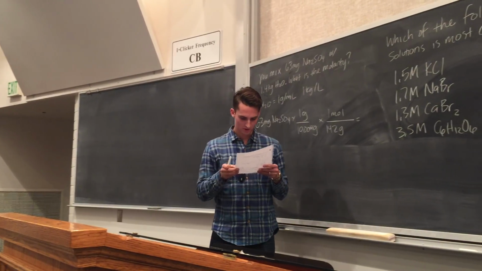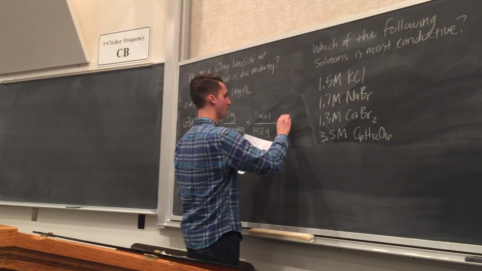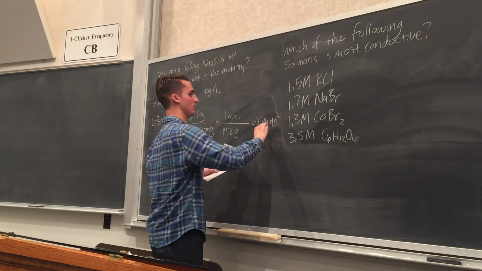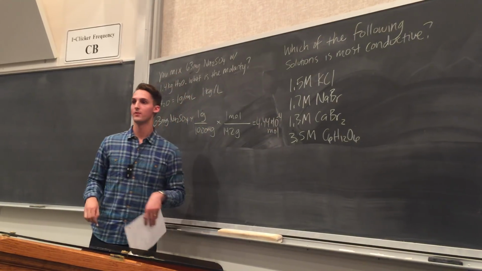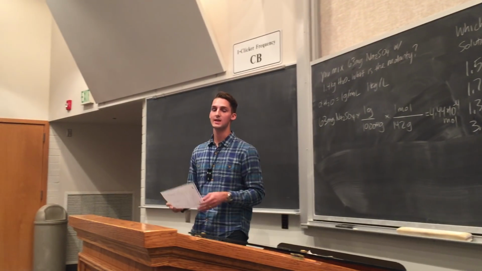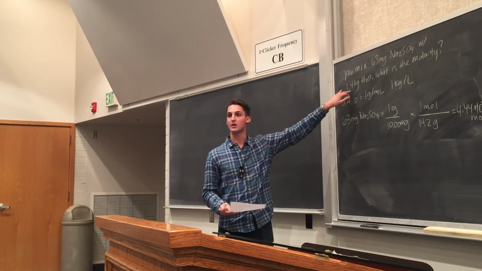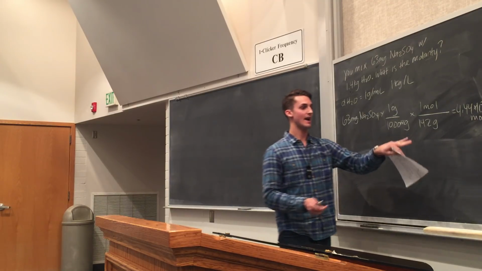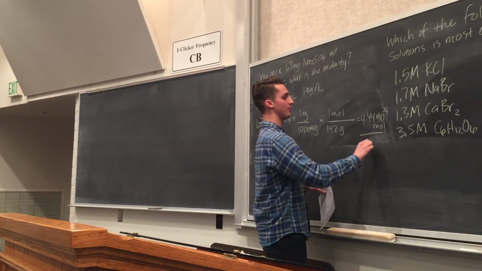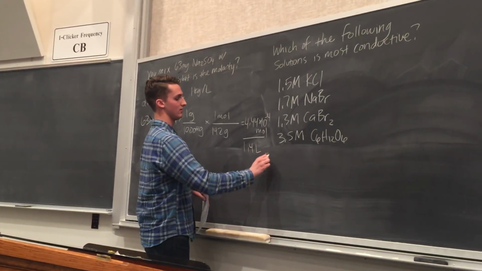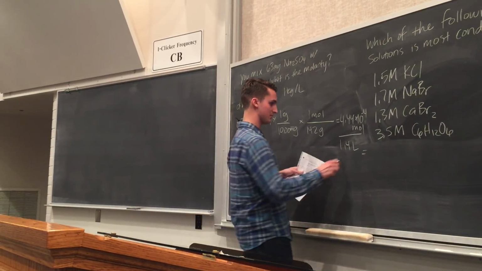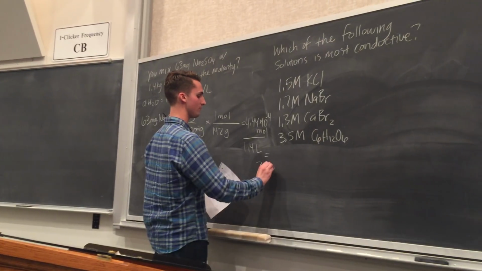If you did that, you should have got 4.44 times 10 to the negative 4th moles. Like we talked about, with the density of water, 1.4 kilograms of water is just 1.4 liters. So now we just take that value, divide it by 1.4 liters, and you get your molarity. It should be 3.2 times 10 to the negative 4th.